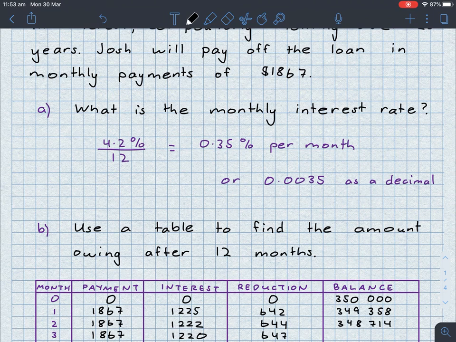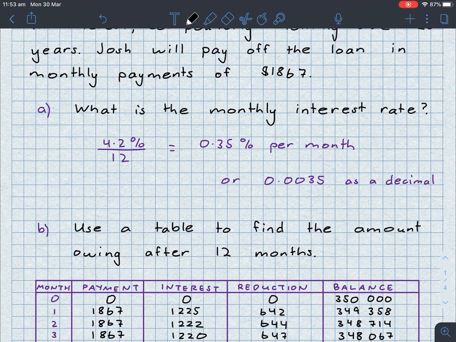And then to work out our balance, we're going to do what our balance was at the end of 2 months, take away what we've just paid off the principal. And we end up with $348,067. So I'm not going to go through the whole of that table.